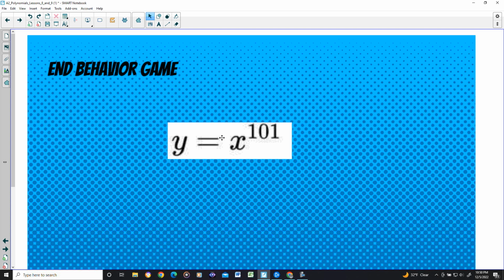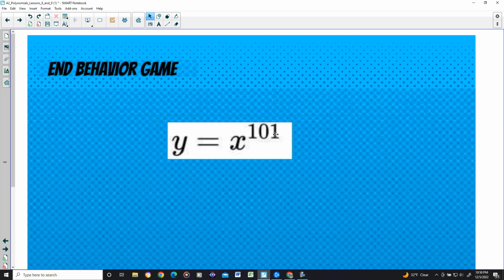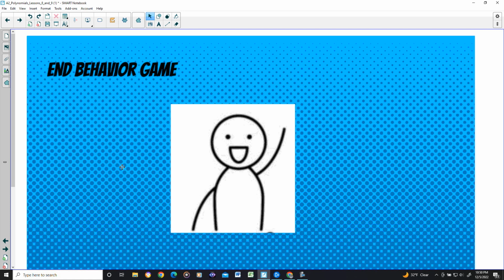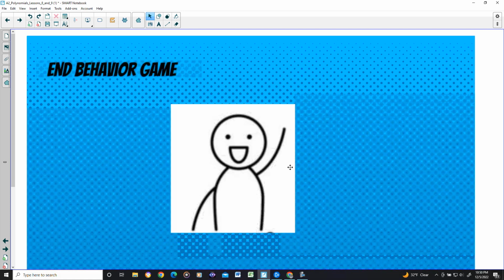How about this one? x to the 101. Okay, odd. That means one hand up, one hand down. But which is it? Positive. So positive means right hand goes up. Easy way to remember the direction for the odd ones is think of it like a slope.